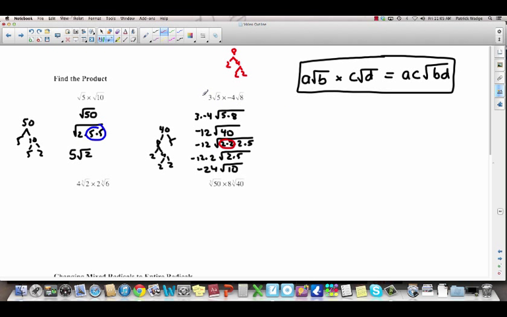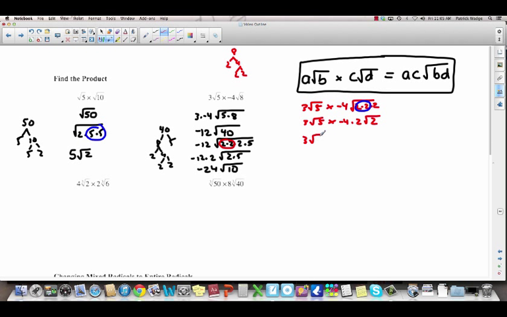So in other words, what you could do is rewrite the 3 root 5 times negative 4, but 8 is the same as 2 times 2 times 2. It's club 2, so we're looking for a pair. There's a pair. So what we have is 3 root 5 times negative 4 times the 2 that comes out, and what's left inside is another 2.